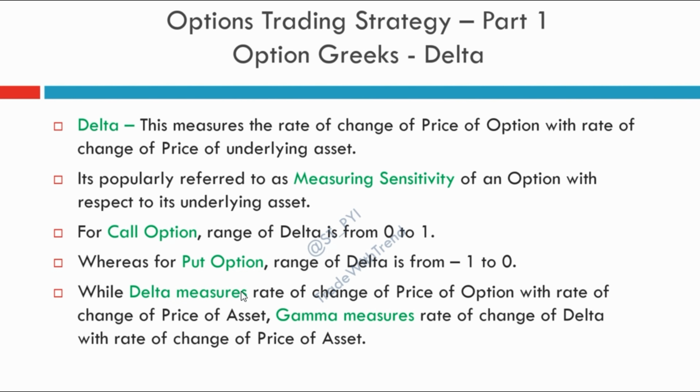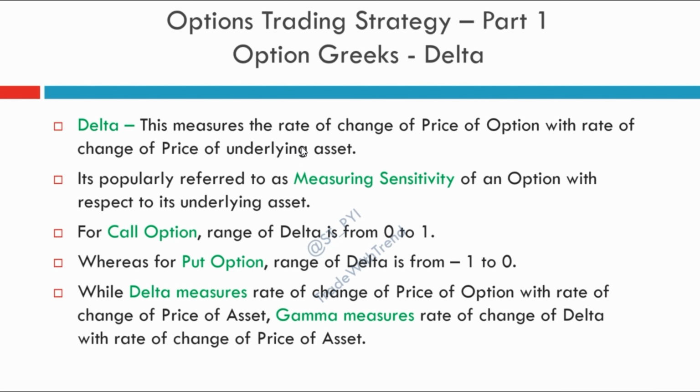So I'll just tell you what gamma basically means. Delta is measuring the rate of change of price of an option with respect to the underlying price of an asset, right? So what gamma measures is the rate of change of delta itself with respect to rate of change of price of underlying asset. Again, I'll repeat.